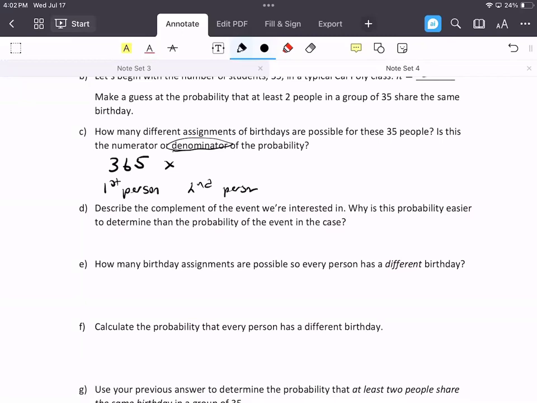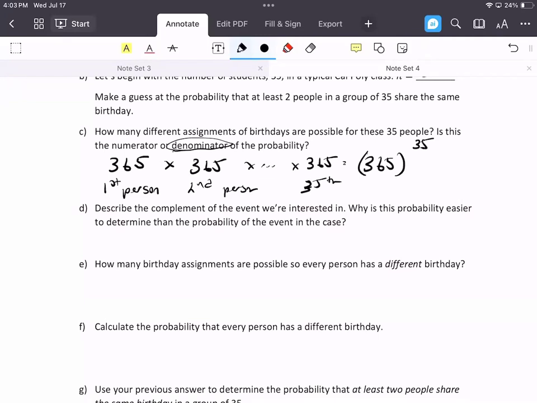Well, hopefully you think this next person could have any of the 365 days, and it's going to go all the way down to the 35th person. So all of them, 365 to the 35th. That's the possible number of arrangements.